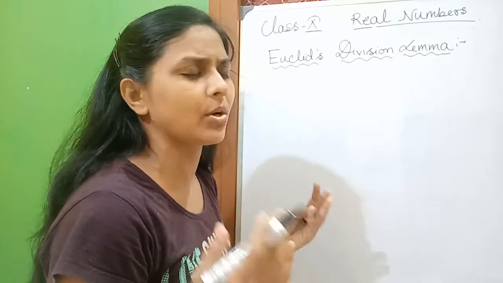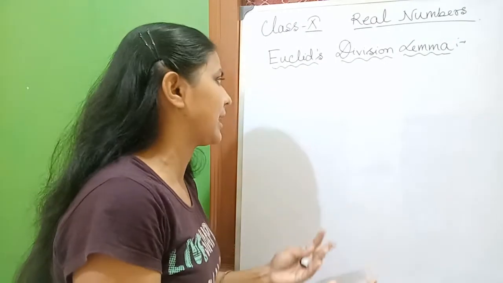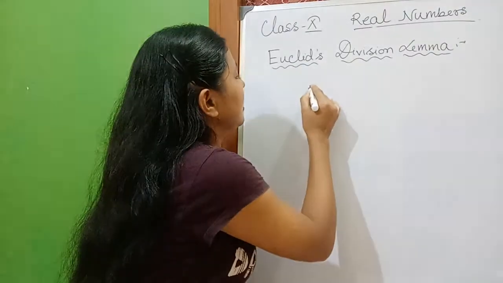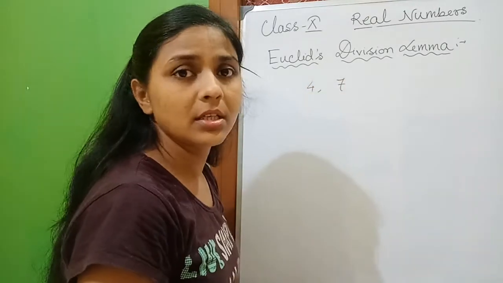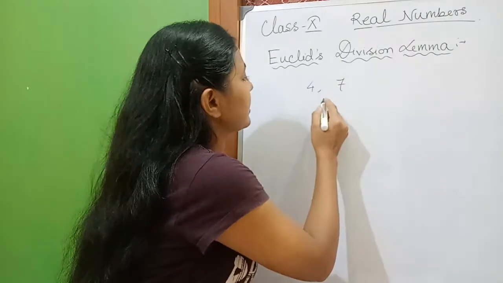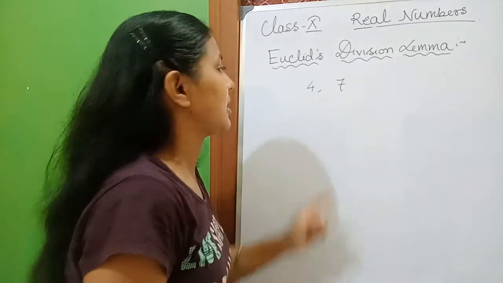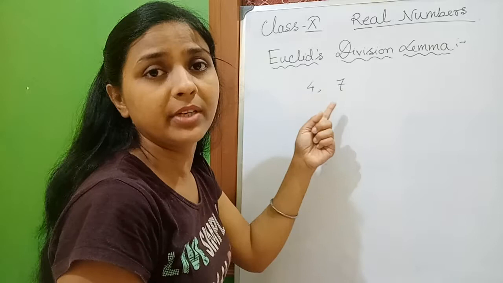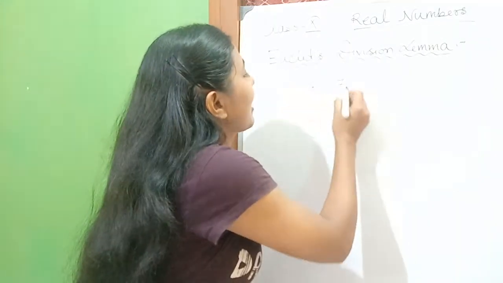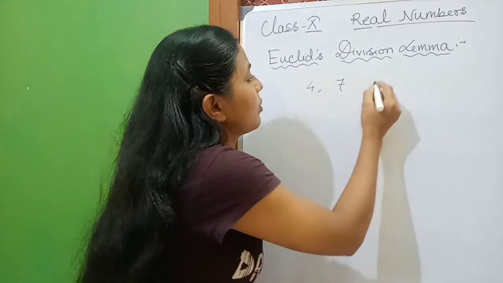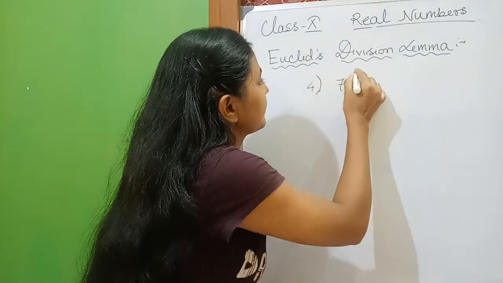Suppose I am taking 4 and 7. Obviously 7 is the larger number, so 7 will be the dividend and 4 will be the divisor. So if we divide 7 by 4, it will be like this.